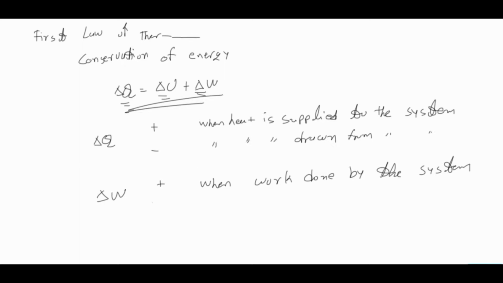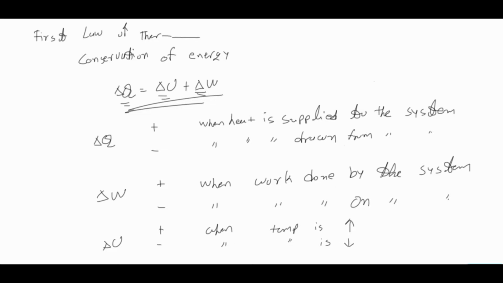But when work is done on the system, we are going to use the negative sign. And for delta U, we use the positive sign when temperature is increasing, and the negative sign when temperature is decreasing.